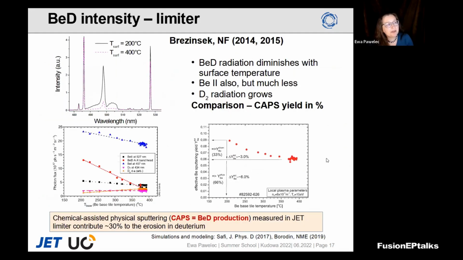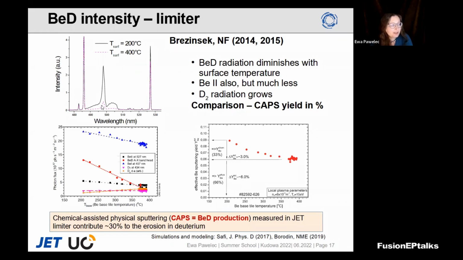You can see here why it was important, because when Brezinsek measured it some years ago, I think 2014 and 15, in Nuclear Fusion publications, you can see that the beryllium deuteride spectrum, which is here close to 500 nanometers in the green, was changing its intensity enormously when the temperature of the wall was changing.